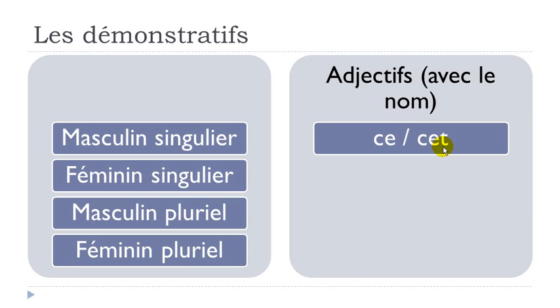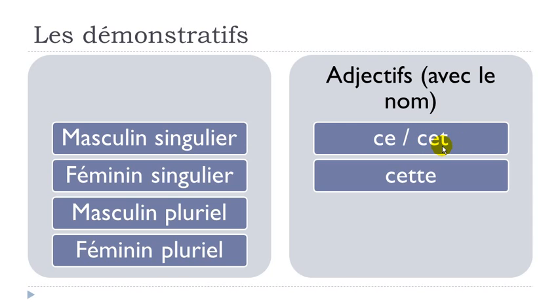Okay, remember this h letter in French is not really pronounced. So it does indicate to you that when you get a word starting with the sound of a vowel, then you will have to use this cet adjective.